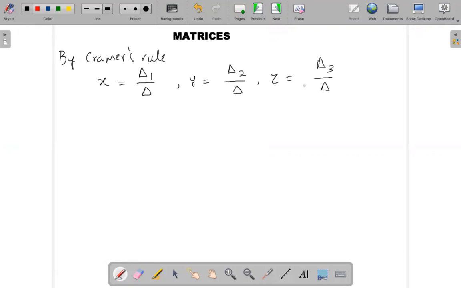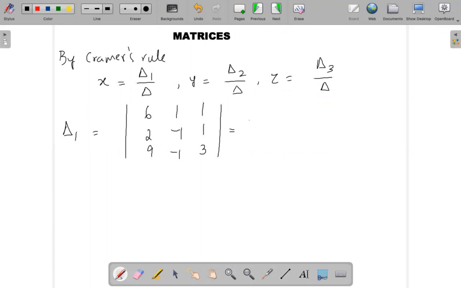Now delta 1 will be this. Let us find the determinant of this.